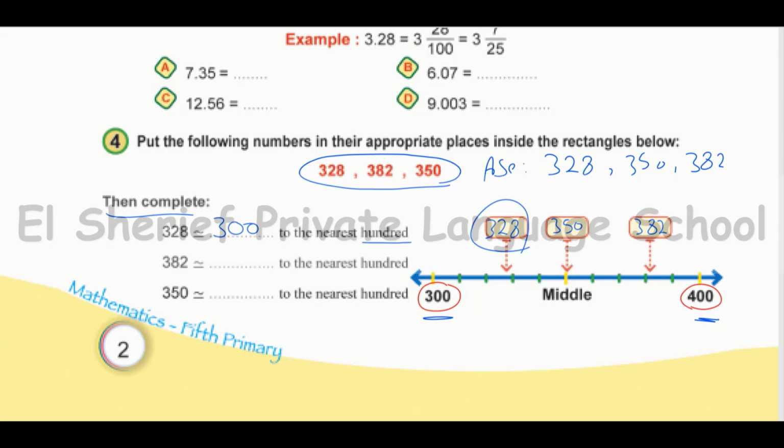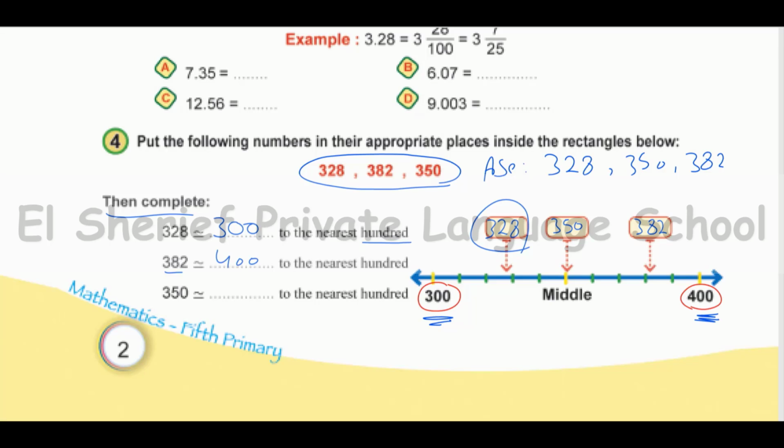And 382 is nearest to 300 or 400? Good, nearest to 400. 382 to the nearest 100 becomes 400.